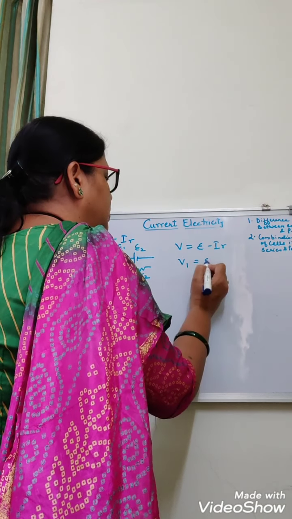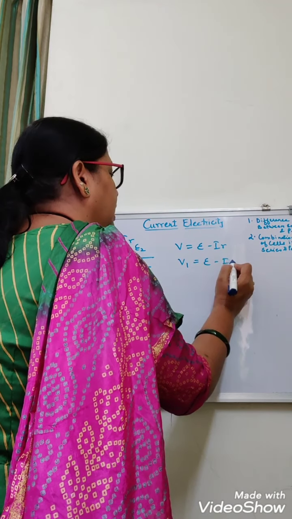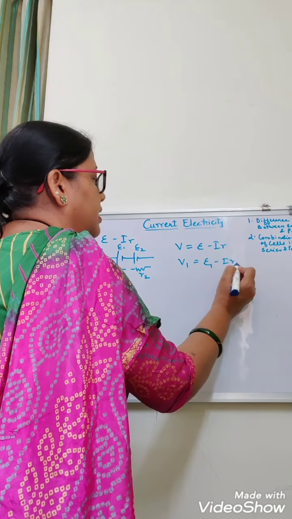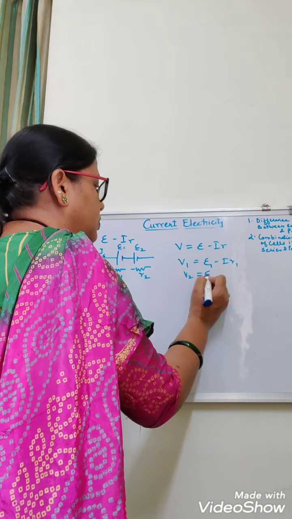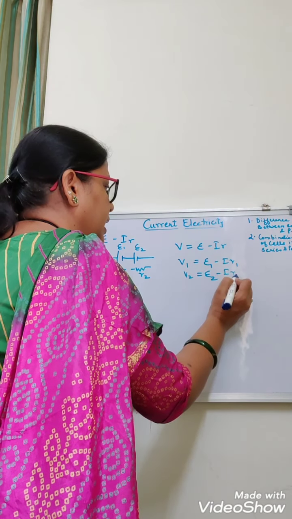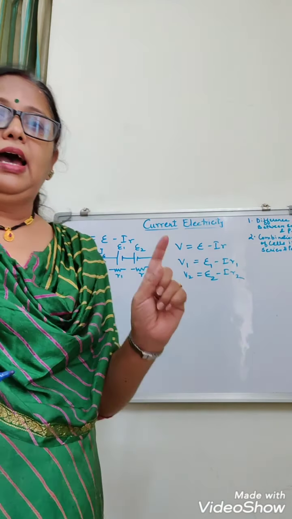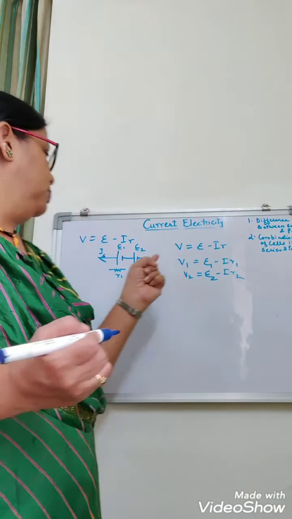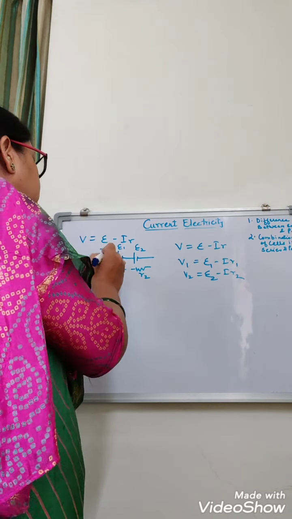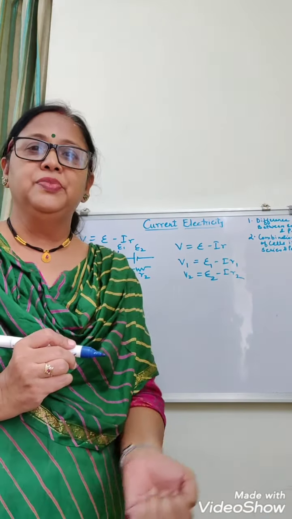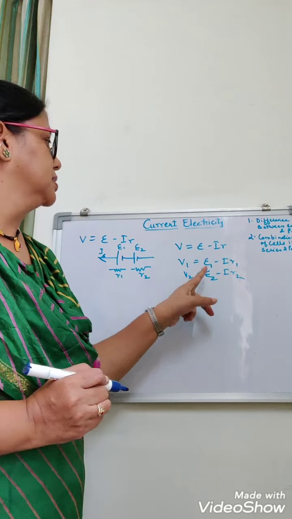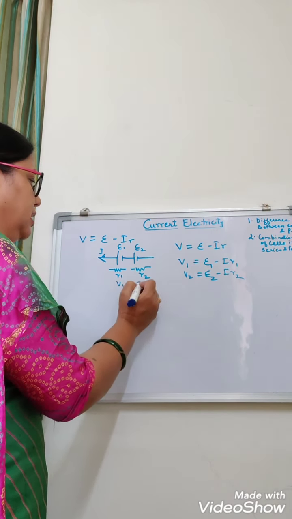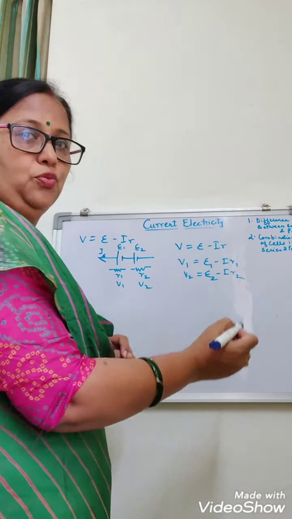V1 is equal to E1 minus I r1, and V2 is equal to E2 minus I r2. I have taken I and not I1, I2 because the same current is passing through both the cells. So it is taken as I. And r1 and r2 are the resistances. They will produce a potential drop V1 and V2 given by these two formulas.